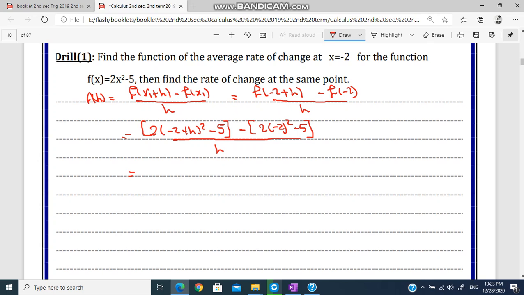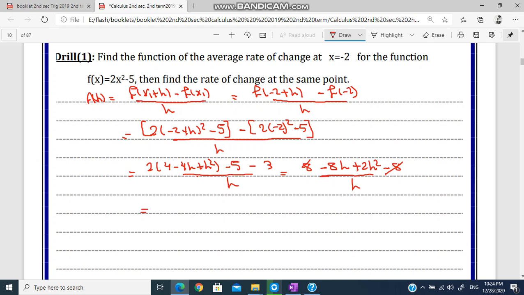So it will be 2 times (4 minus 4h plus h power 2) minus 5 minus (8 minus 5, which equals 3) over h. So 2 times 4 equals 8, minus 8h plus 2h power 2, minus 5 minus 3 equals -8, so -8 cancels with 8, all over h.